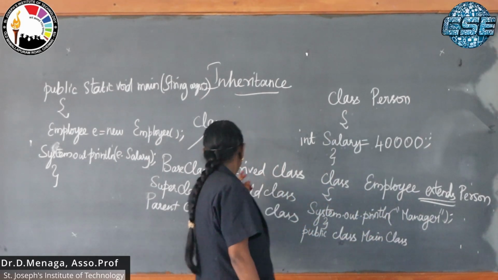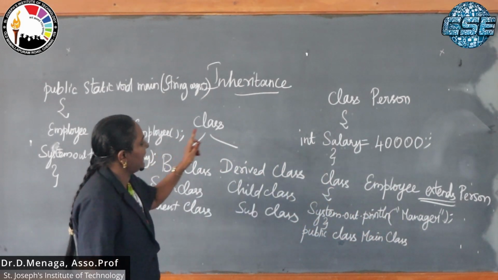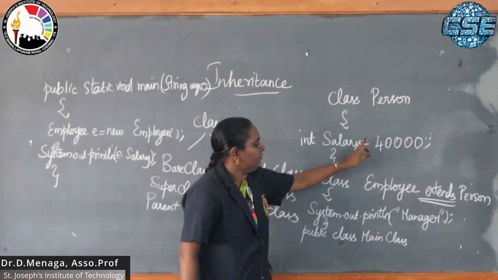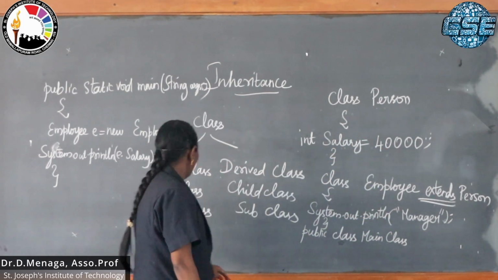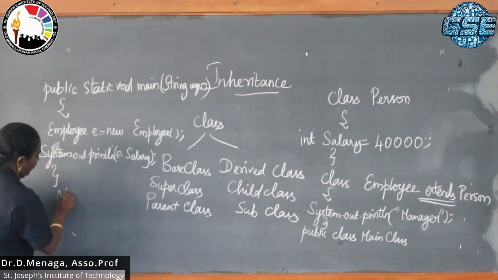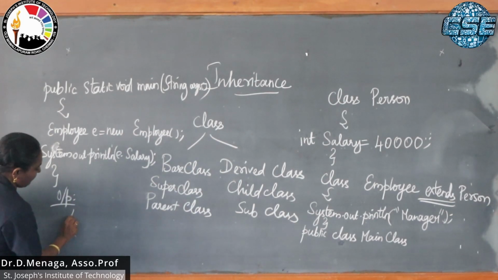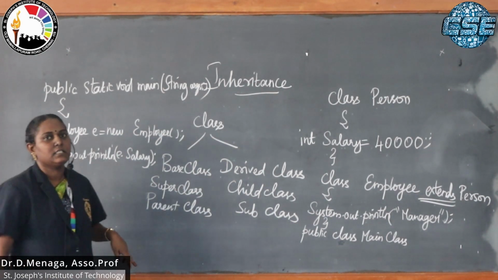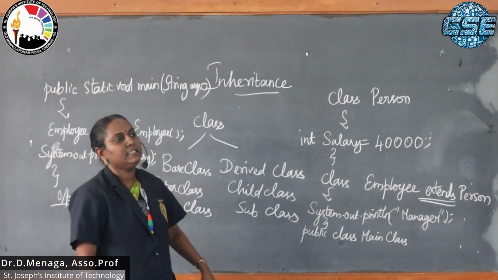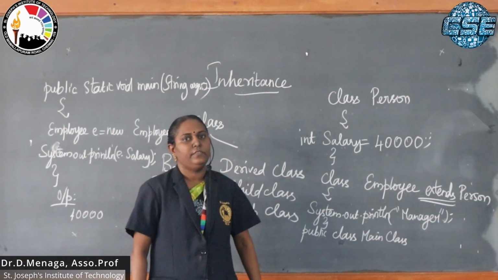So if I give E dot salary, I can access the employee's salary as 40,000. The output obtained here is 40,000. Now let us see the types of inheritance.